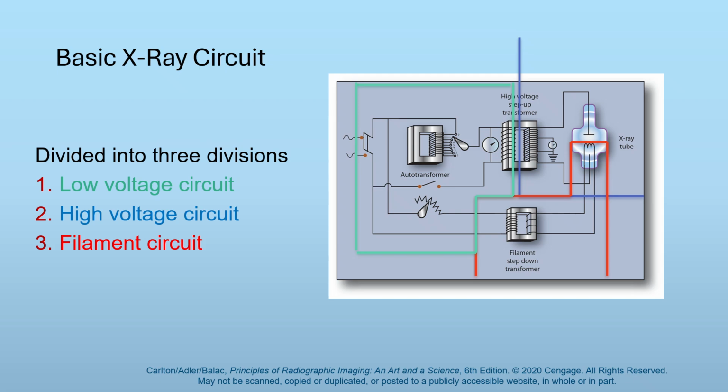Okay. The high voltage circuit, which I have divided the high voltage transformer because the primary side of the high voltage transformer is technically low voltage. And then the filament transformer, while it's not high voltage, it is dangerous. So it belongs in the high voltage circuit.